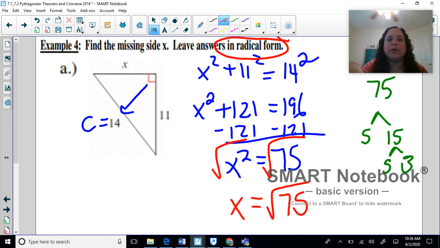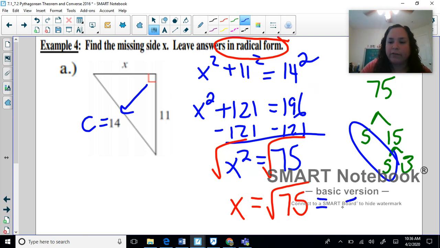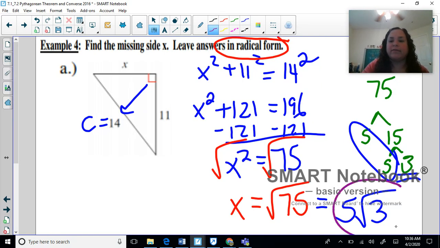And here we notice that the 5s are repeating twice. So that means that we're going to be able to take out a 5. And then this 3 that remains is going to stay inside of the radical. So then our final answer is going to be 5 root 3, which means that this leg labeled x has a value of 5 root 3.